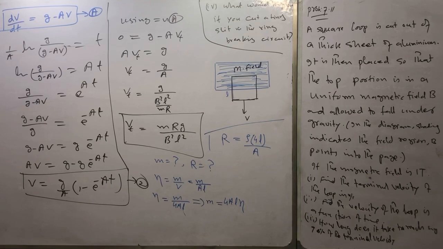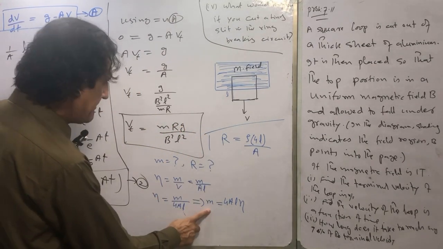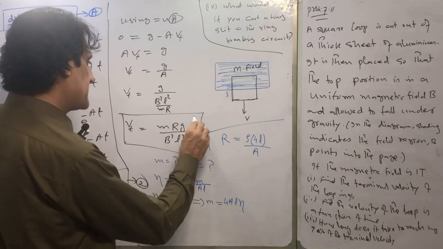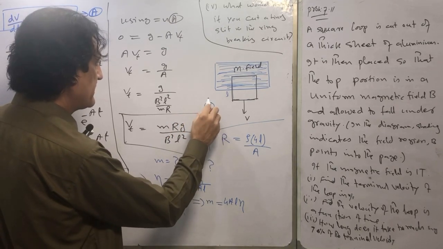Now we have all these things, mass and R. Putting the value of R and M in this terminal equation. Let's say this equation is equation number 3.